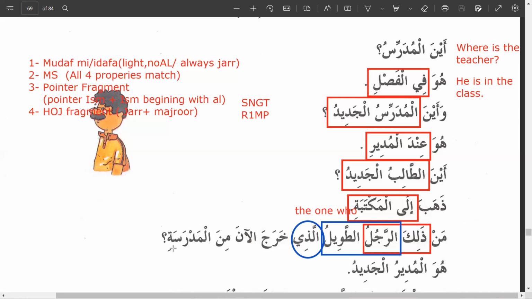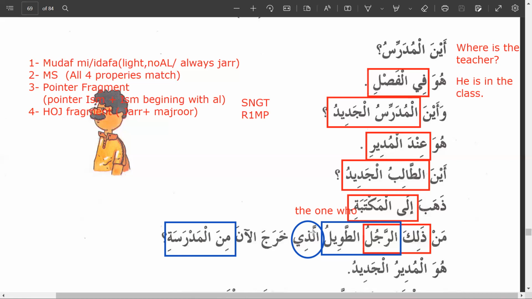Min is harfjar. And then because there is al, so jar majroor. Yes, this is jar majroor. Okay, because this is harf and madrasati is in jar status. So minal madrasati, this is jar majroor. Okay, so this allazi, the one who, this is a connector ism. This is a special ism.